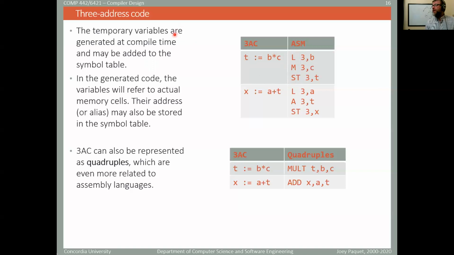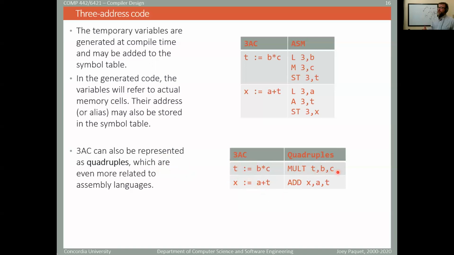So that's it for three-address code. Another very much related abstract language that you can use to represent executable code is quadruples. So basically you have three-address code that is represented like this. Eventually you can actually represent this using quadruples.